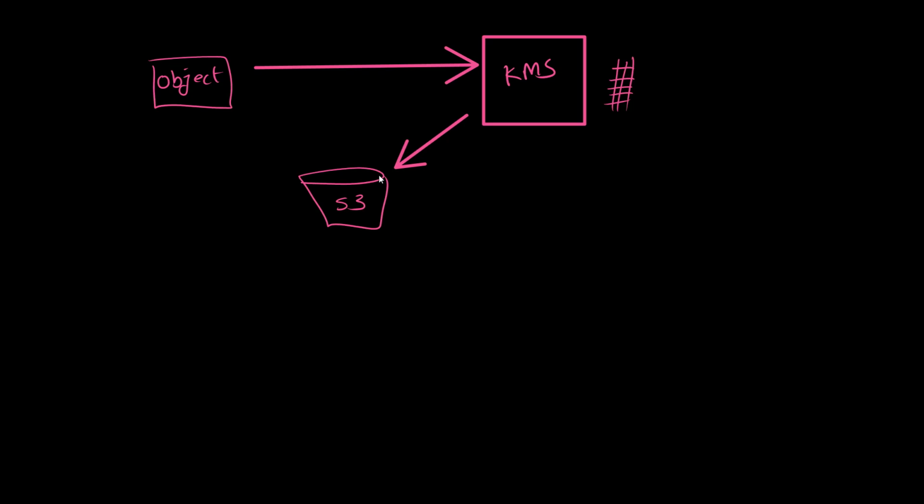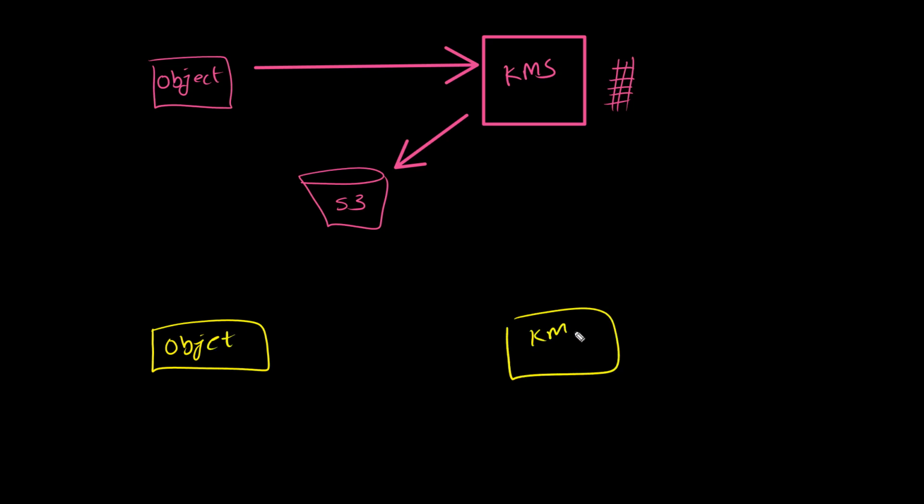Let me explain how it actually works in the KMS scenario. So you have still the same thing. You have your object here, you have your KMS service, and then you have your S3 bucket. Now, whenever S3 has to store this object, you send a request to S3 and say, hey S3, please store my object and use the key called key number 1, and that key number 1 has its origin in KMS.